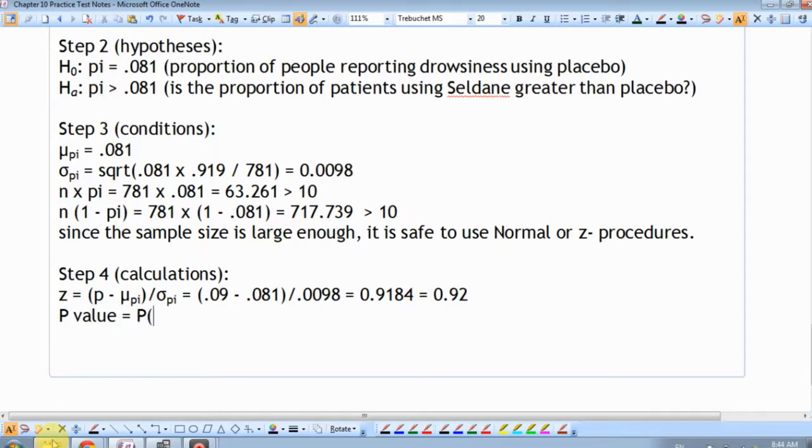Probability of Z being greater than 0.92. That's to our calculator now.